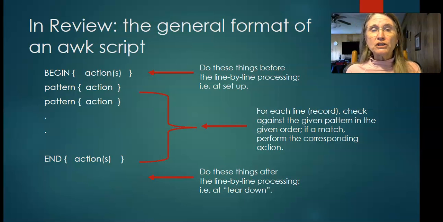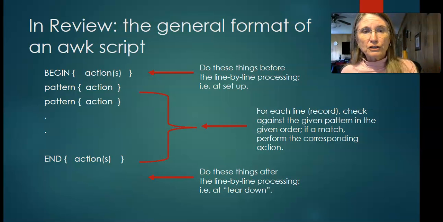For each line or record that is read into the program, the AWK program checks against the pattern, starting from the top and working down. And if a match is found, then the program performs the corresponding action.